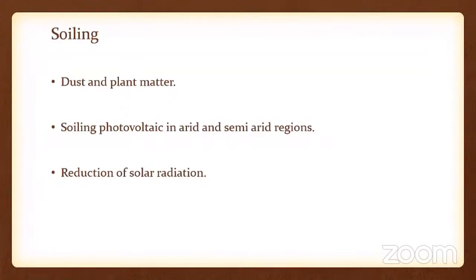Soiling is a major problem in warm and dry regions where solar radiation is normally higher and solar panels are more commonplace. As described by the Köppen Climate Classification Scheme, these regions fall under Group B and include arid and semi-arid regions.